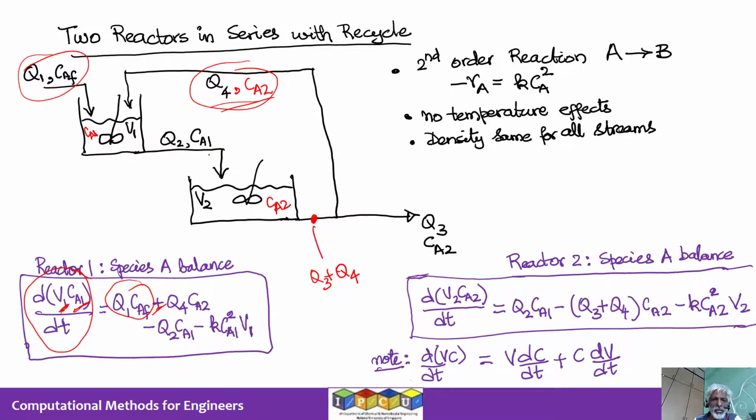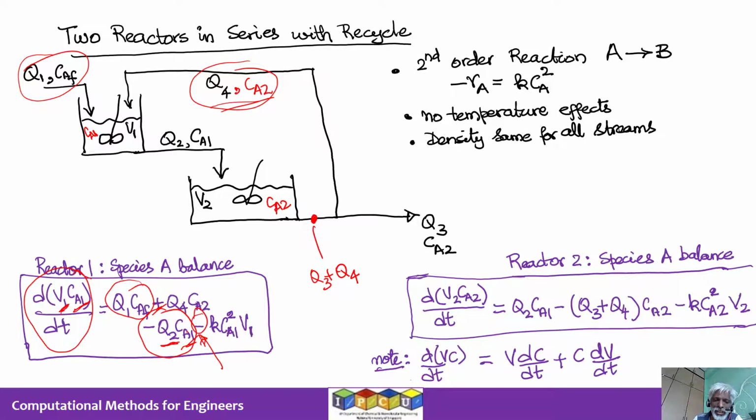Unreacted A would leave through the exit stream from reactor 1. The stream has a volumetric flow rate of Q2, and the concentration of that stream is CA1. Therefore, this is the amount of A leaving reactor 1 and going into reactor 2. And then some of A is going to be destroyed by the reaction because A becomes B, right? So there is some amount of A that gets depleted due to the reaction. That amount is going to have a negative sign because A is lost.